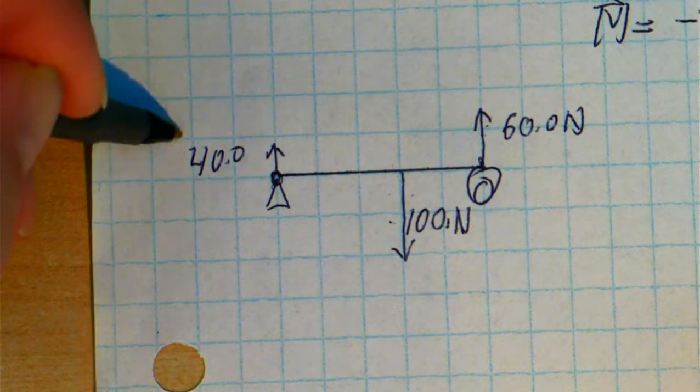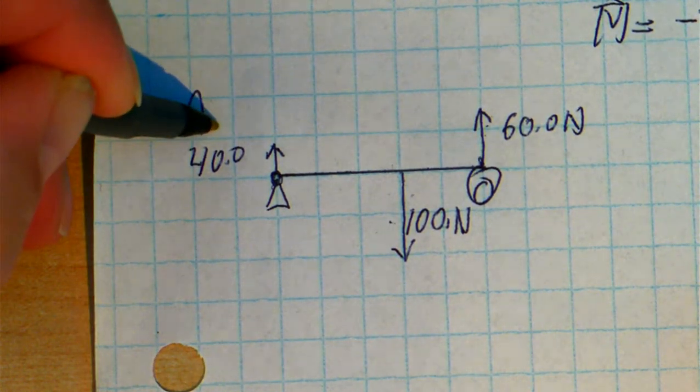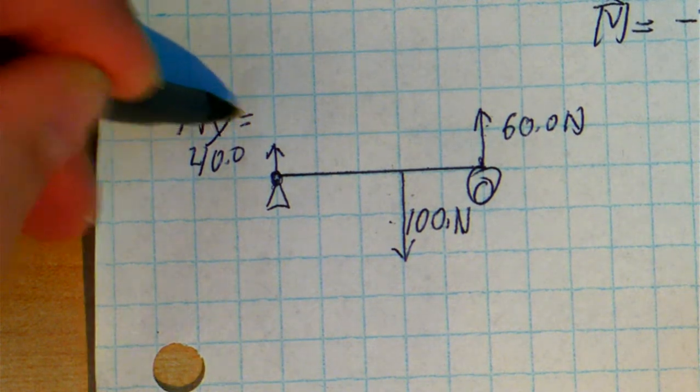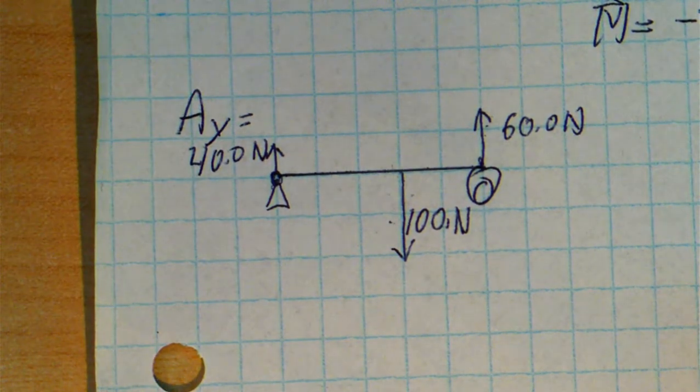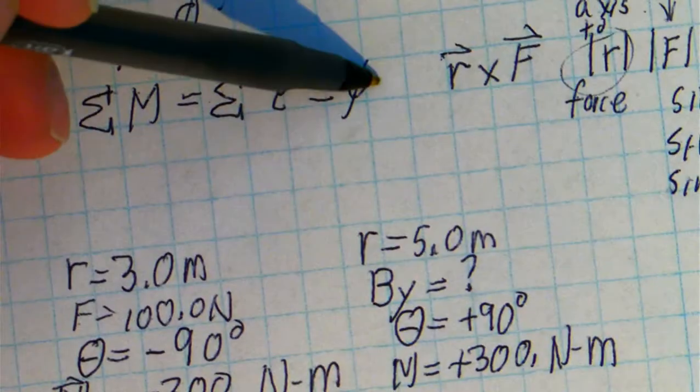And I guess I would call that the reaction force through A in the vertical direction is 40 newtons. All right, check and check.